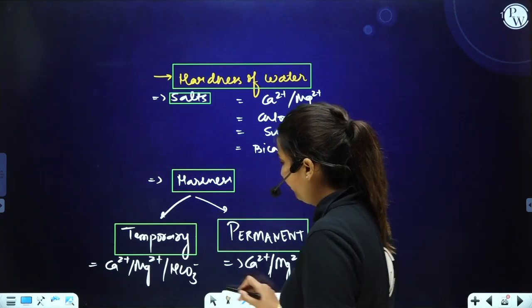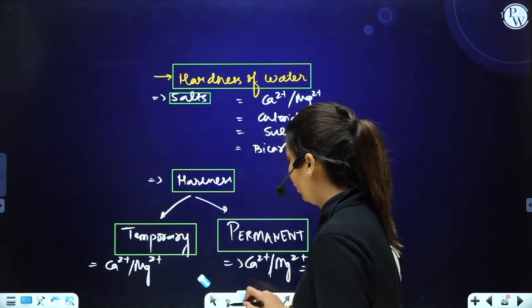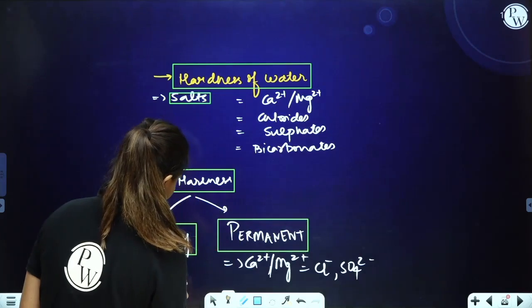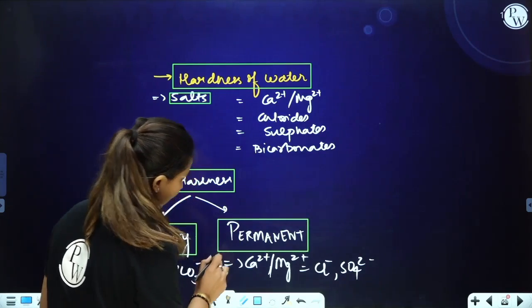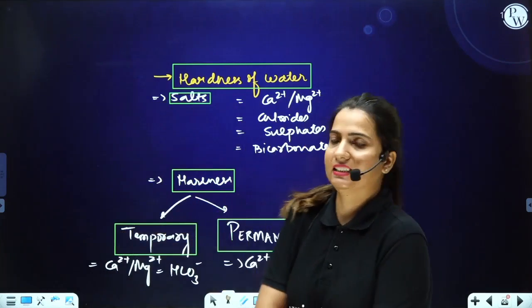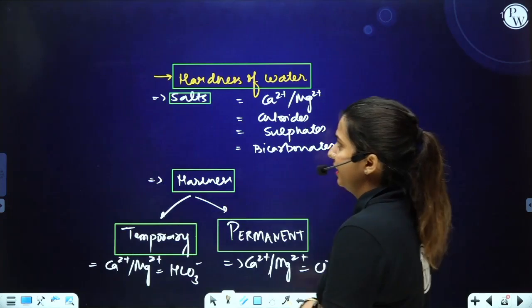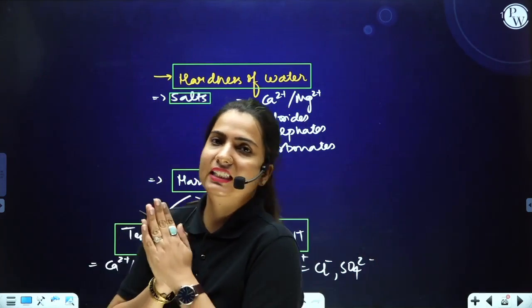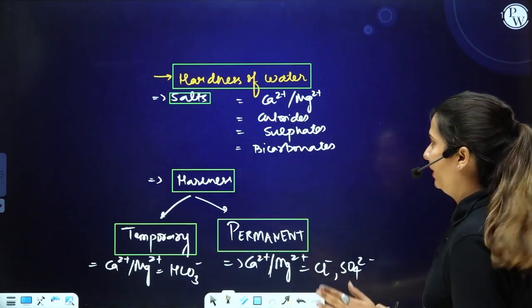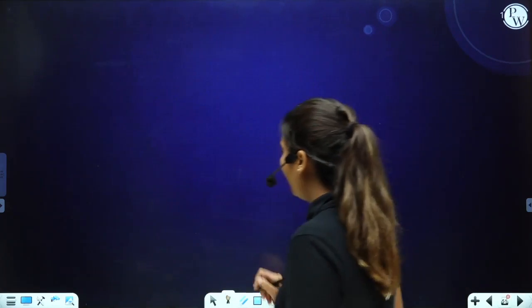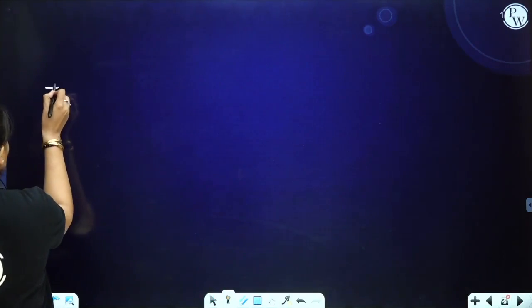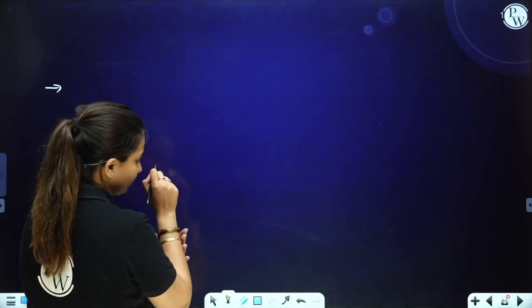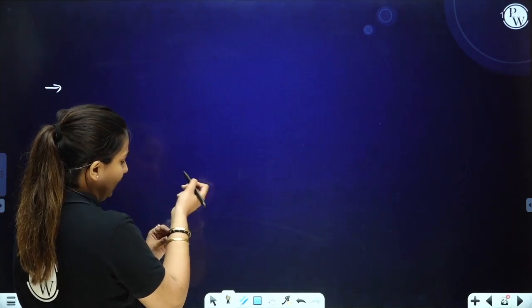Here we have the bicarbonates, here we will have the chlorides and sulfates of the calcium and the magnesium. So first of all, hardness is due to these ions, and hardness is of these types, temporary and permanent. Okay, now what is happening? How do you get to know that your water is hard?